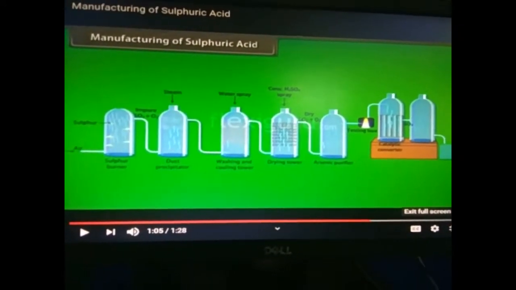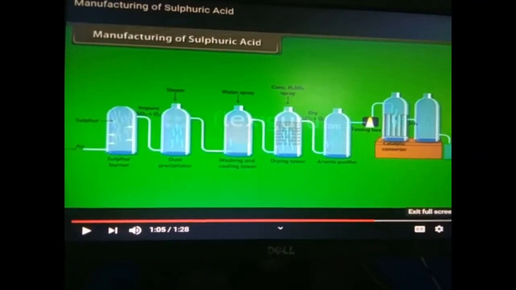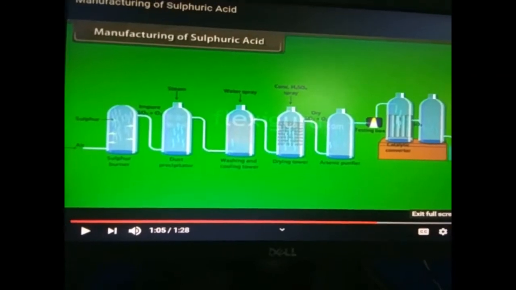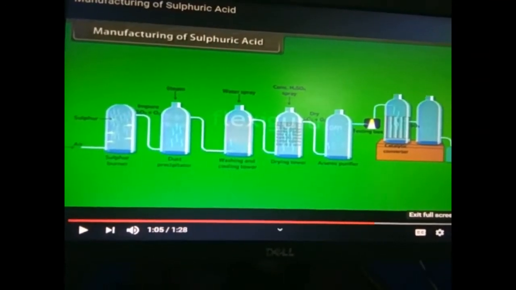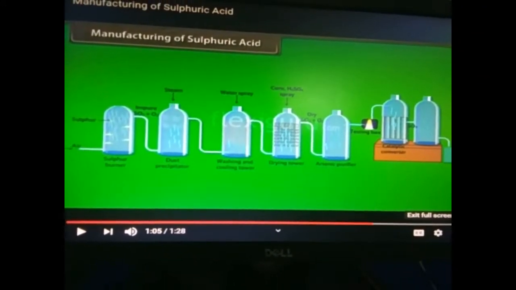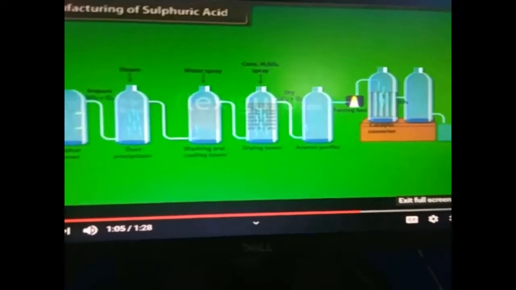Here, that is the drying tower, when concentrated sulfuric acid spray passes from the upper part, then we watch that sulfur dioxide combined with oxygen forms sulfur trioxide, that is the arsenic purifier chamber. Now after the arsenic purifier chamber, pure sulfur trioxide moves into the catalytic chamber.